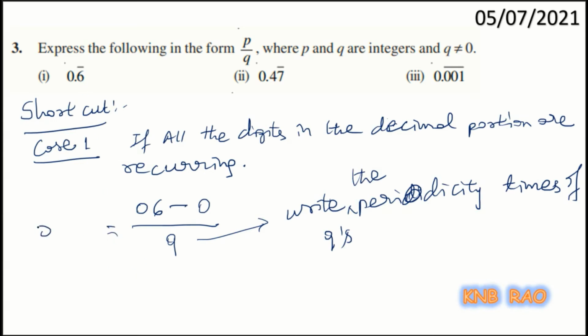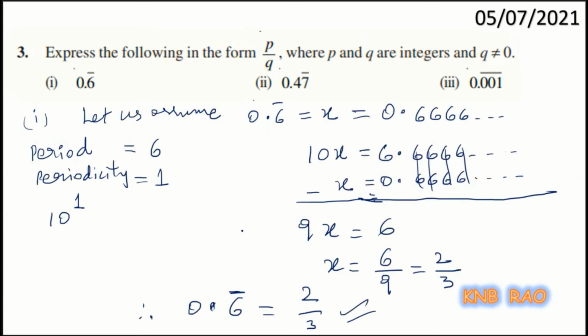So, 0.6 bar is 6 minus 0, that means 6 by 9, only one time 9. So, in short it is 2 by 3. This is what we got here, 2 by 3. Okay.